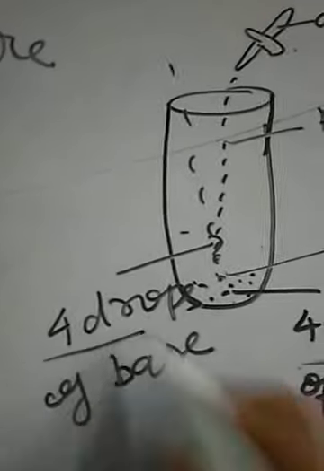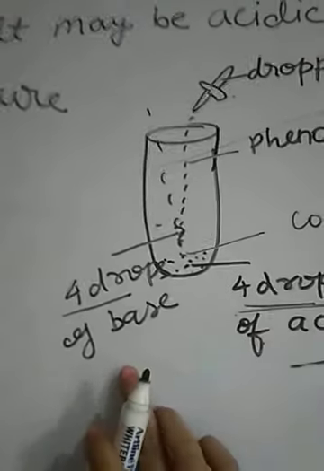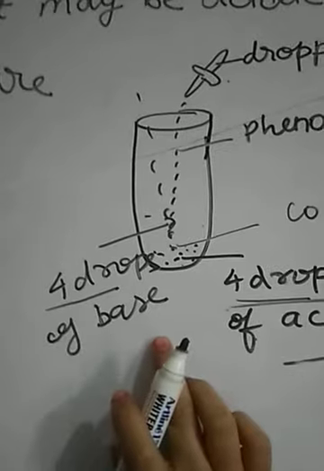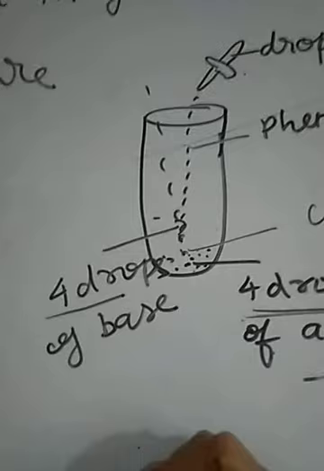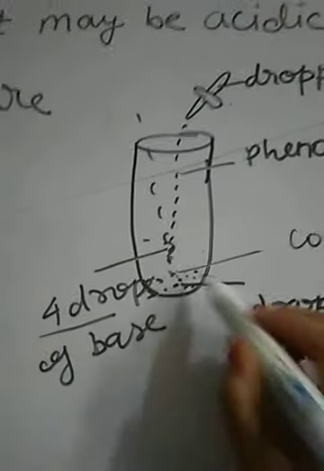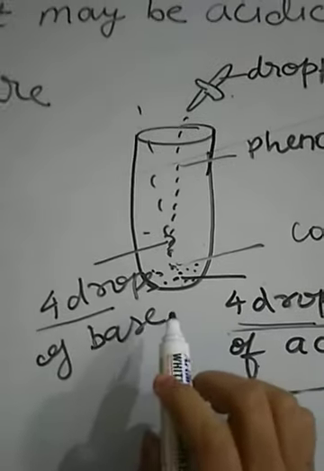The amount of acid and base is equal, 4 drops each. And children, after some time you will observe, does the color change or not? No, the color will not change. The solution stays colorless.